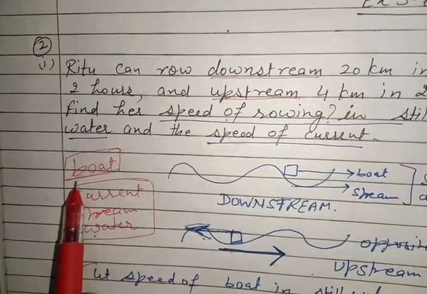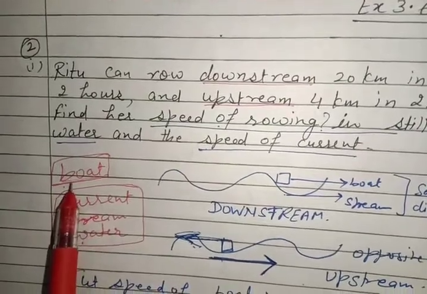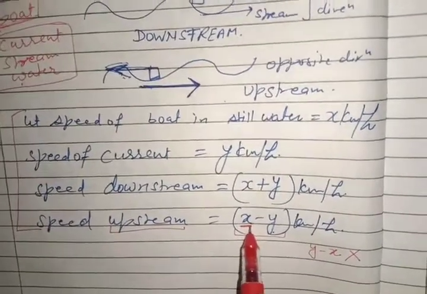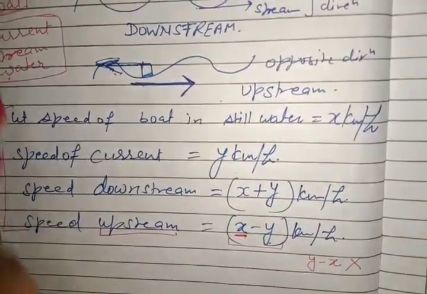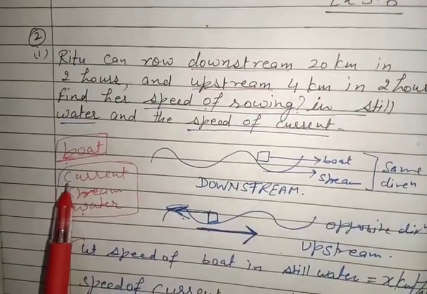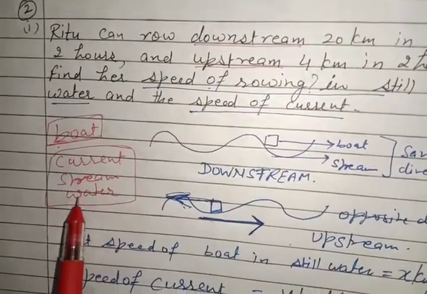So how can you remember which speed will come first? Whenever we write speed upstream, always speed of boat will come first. How can you learn this concept? Because in English B comes first, and after that C will come, S will come, and W will come.